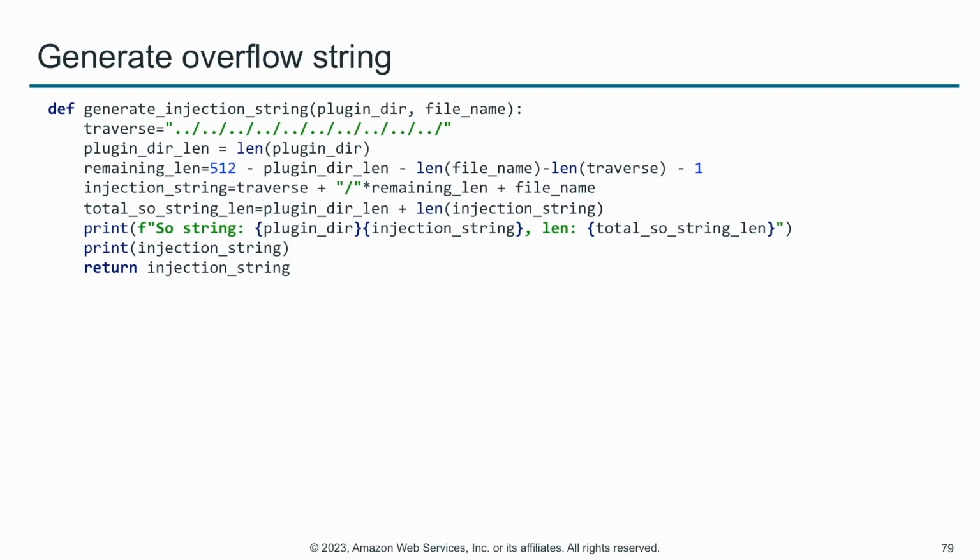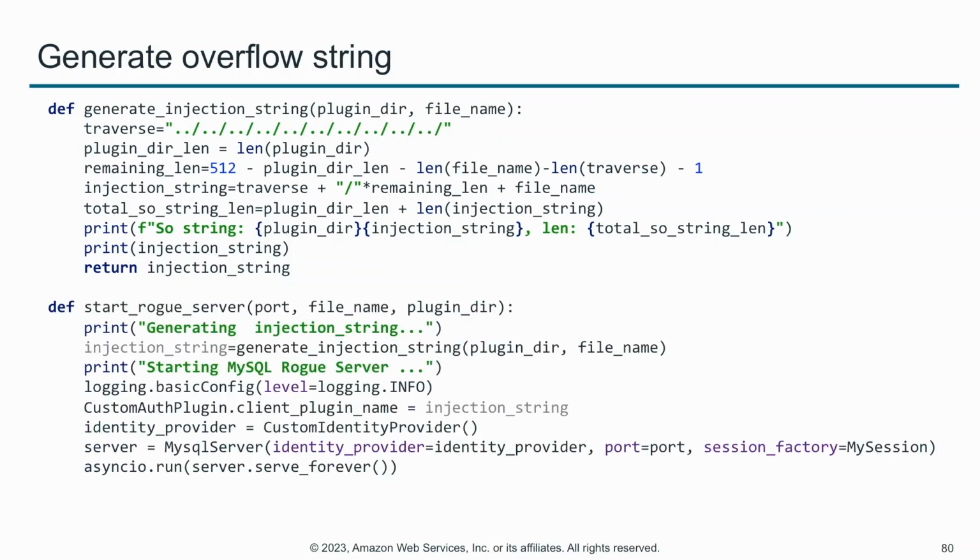We can also have multiple /.. So I'm generating this traverse, and I'm specifically generating a very long traverse string to be able to create a length overflow. So with this, I have the ability to load an arbitrary file. It does not necessarily need to have .so. This is the generate function, and then the updated start rogue server code, which will use that function.